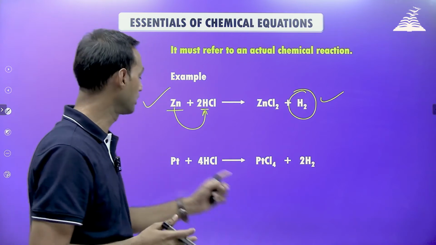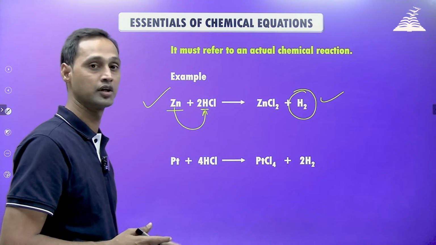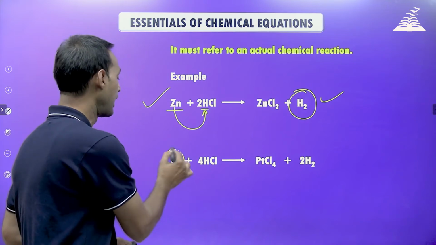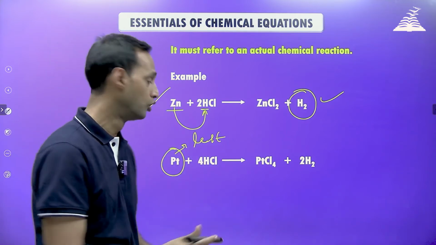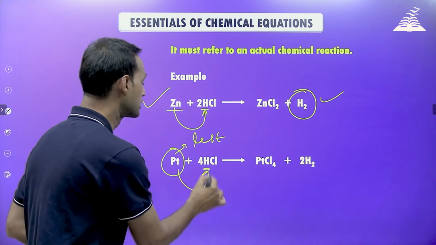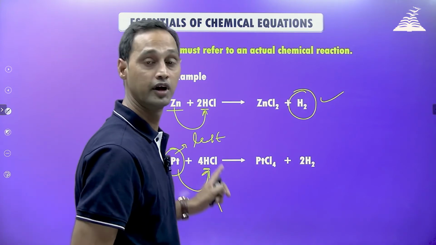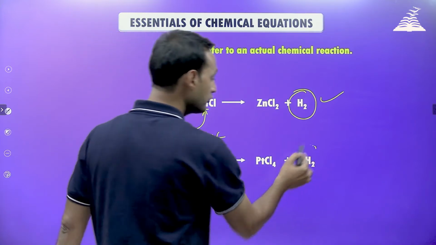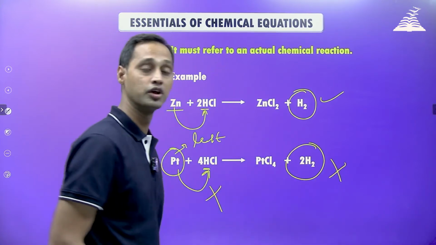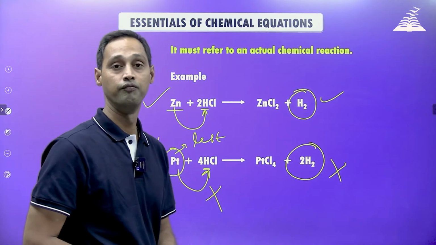But if you take a look at the other equation, platinum is least reactive. It is least reactive, so it cannot displace hydrogen from hydrochloric acid, so it cannot give hydrogen. So this reaction is not possible.